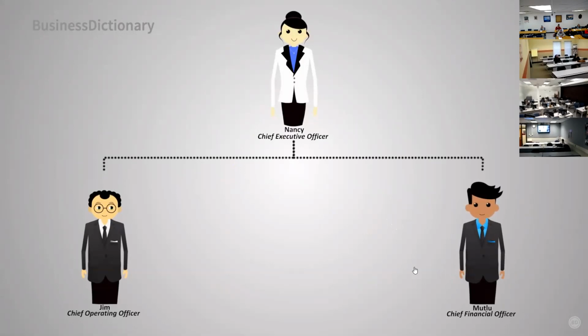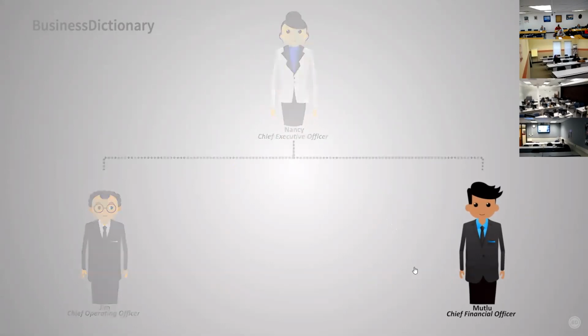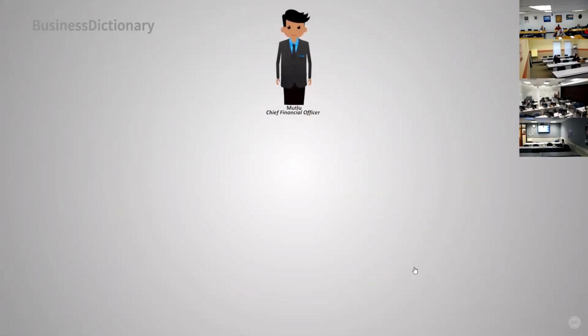But Awesome Corp has more employees than just 3, a lot more. Let's take a look at the financial department. And as you remember, Mutlu is the CFO, and this is his team. Layla is a senior receivables accountant. She manages accounts receivables. That's the money coming into the company from its customers. She makes sure invoices get issued and that Awesome Corp gets paid on time.